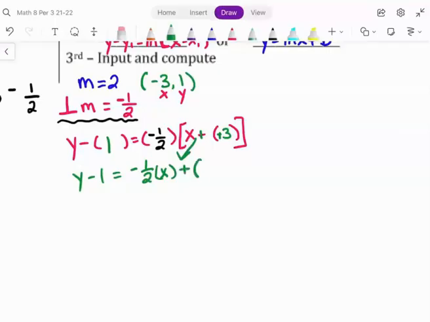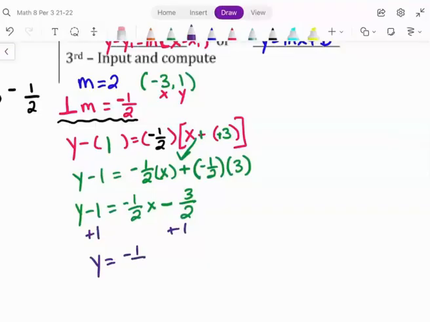And then negative 1/2 times 3. So y minus 1 equals negative 1/2 x minus 3/2. Okay, then I'm going to add 1 to both sides.